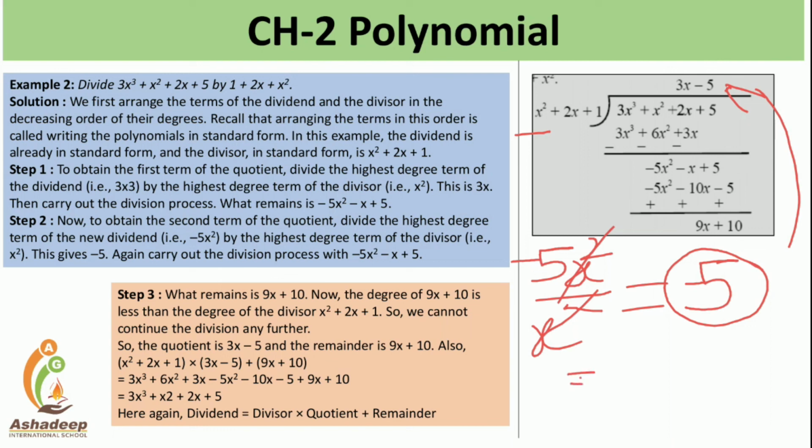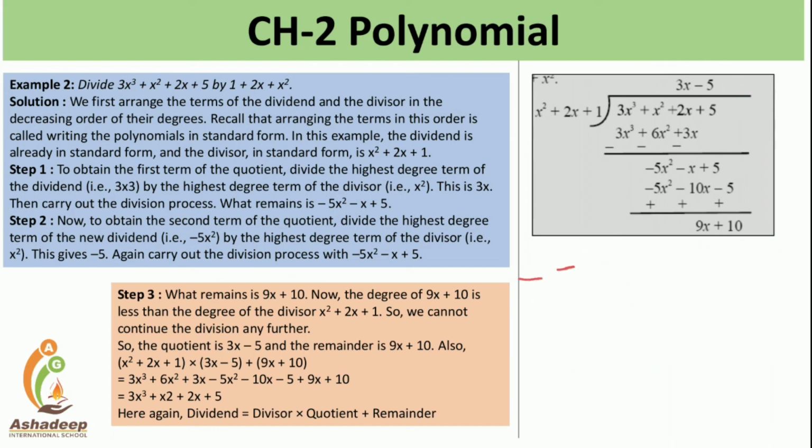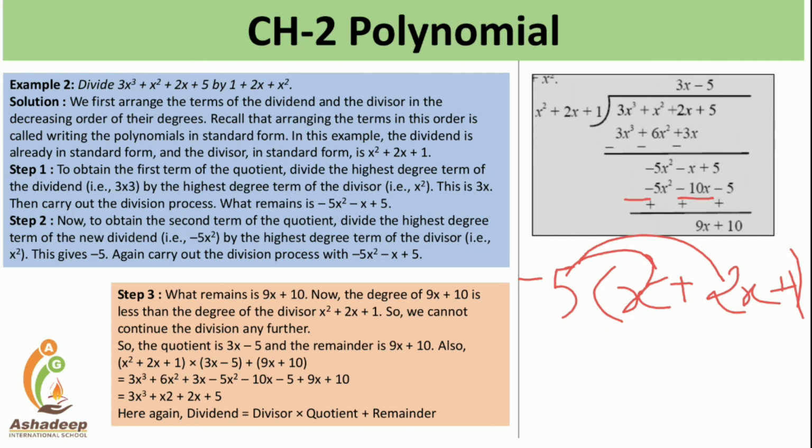So I'll get minus 5 in bracket x square plus 2x plus 1, right? 5 into x square, 5x square, 5 into 2, 10x, 5 into 1, 5, right? So minus becomes plus, and you need to do it.